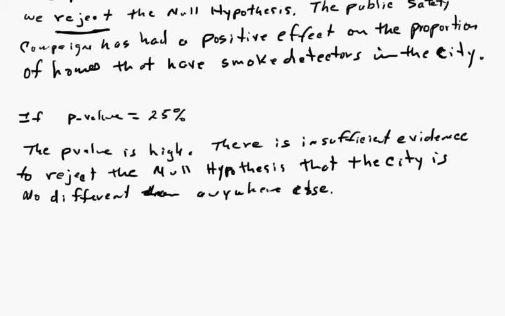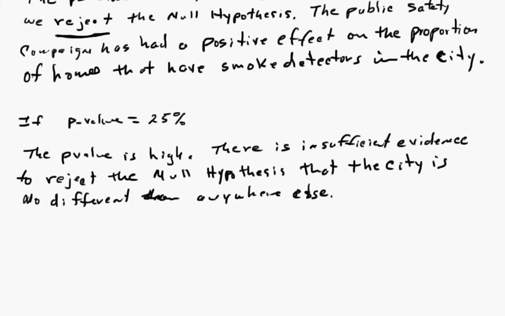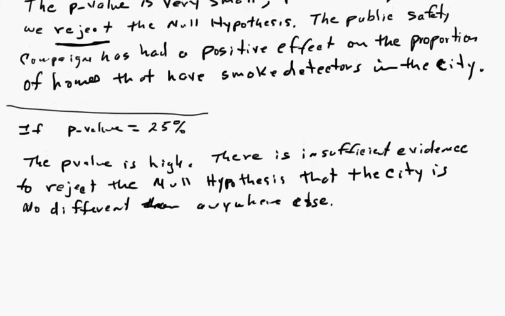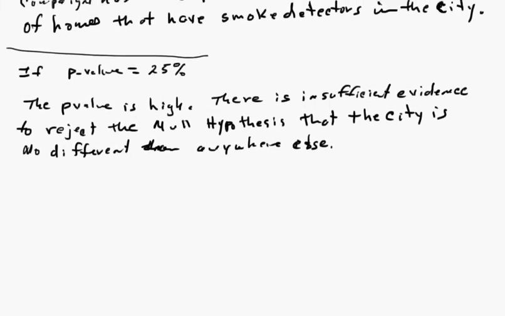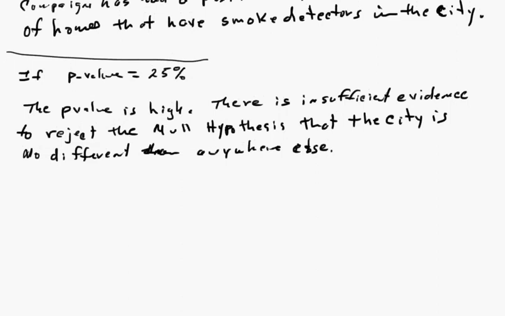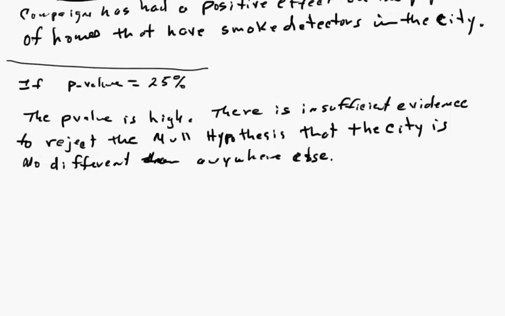Okay, you need to be careful though if you do this, if you fail to reject. That's another way of saying it. The p-value is high, so we fail to reject. But don't say you proved the null hypotheses. That would be a big mistake. Don't say that.